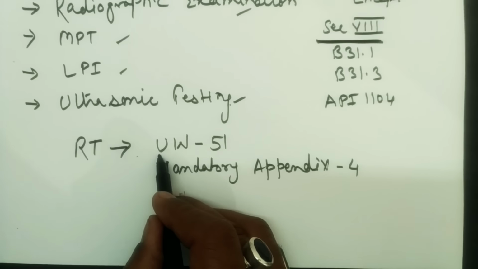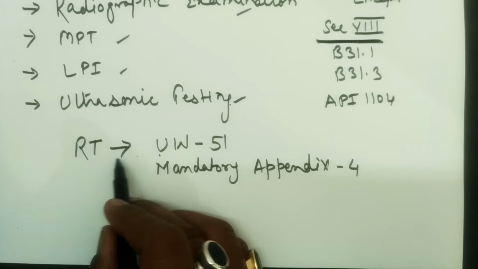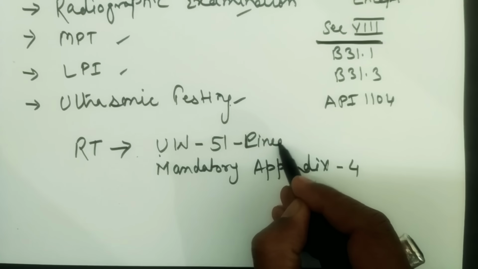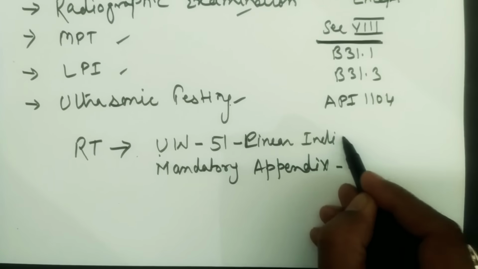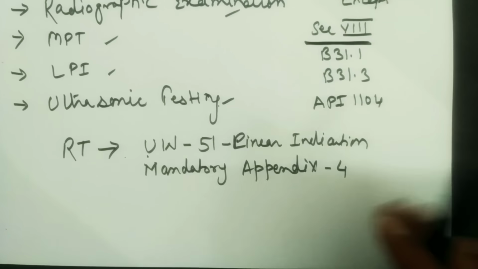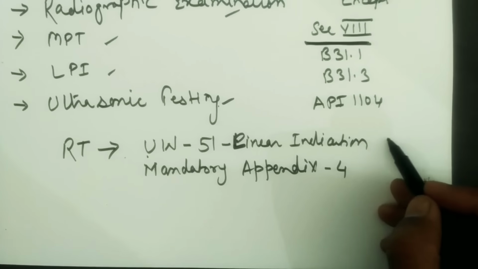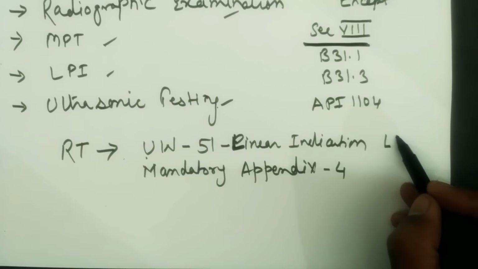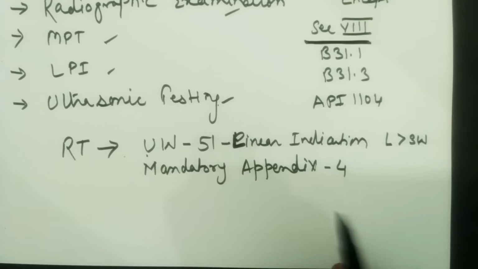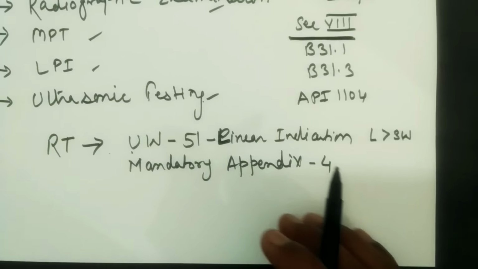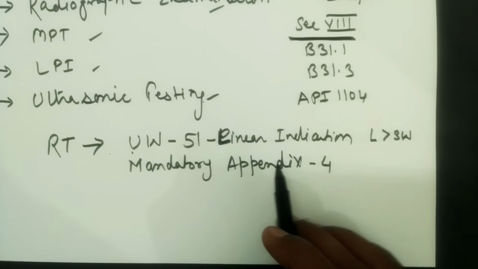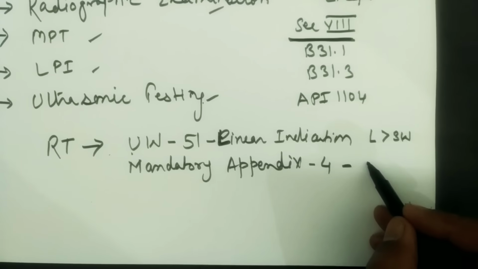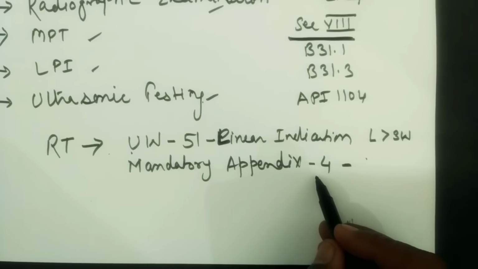In UW-51 you will find the acceptance criteria for radiography testing for linear indication. Linear indication is one in which the length of the indication or discontinuity is greater than 3 times the width of the discontinuity. So for linear indication, you need to refer UW-51, and for rounded indication, you need to refer mandatory appendix 4.